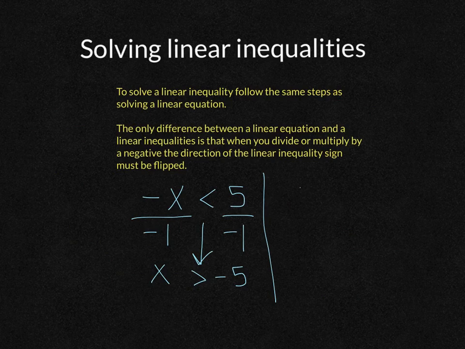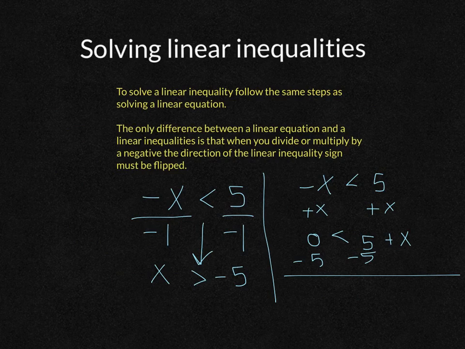Now, if you think of this as not using multiplication or division, but let's say I wanted to add the x over so that it's not negative anymore. I would have 0 is less than 5 plus x, and I need to get rid of that 5. What you end up with is -5 is less than x.